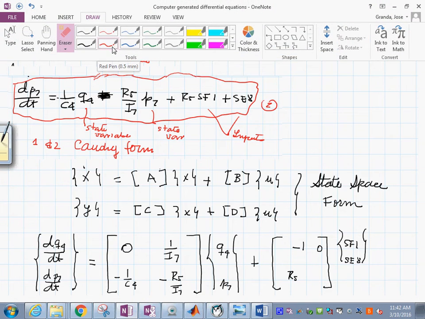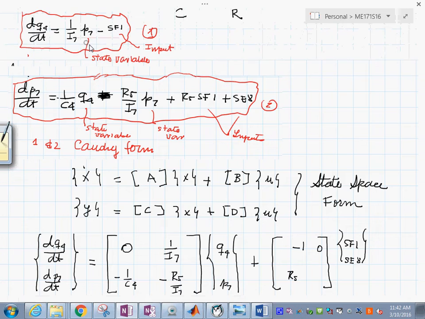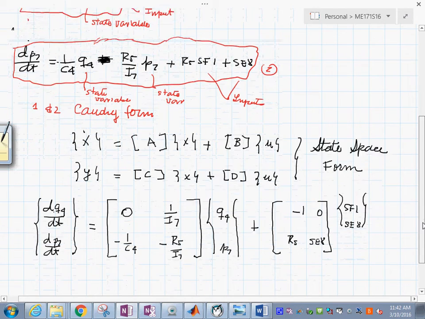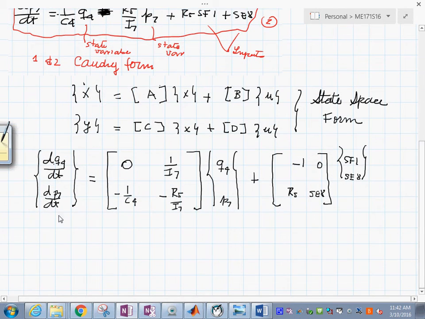This is also a state space computer generated form. Now, I don't know exactly whether CAMG put first the q sub 4 variable or the p7 variable. That will remain to be seen when we compute. But I'm just telling you that there's the possibility that CAMG might have reversed the two equations, but it will produce the same matrices.